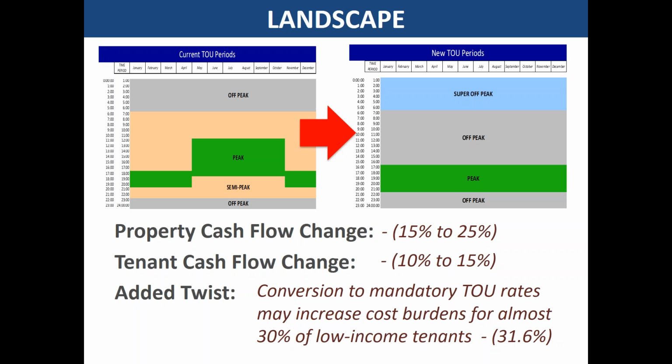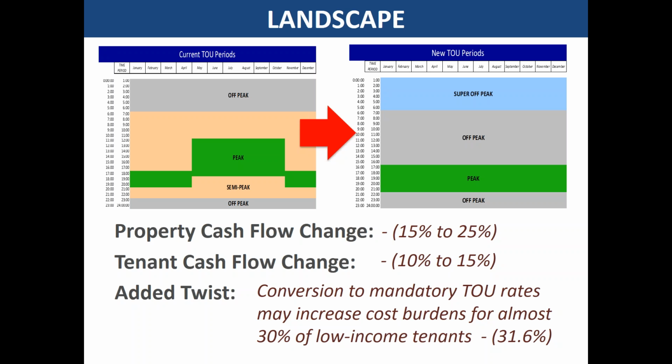And there's also an added twist here. Not only would solar decline as part of these changing TOU periods, but in California, the mandatory requirement to convert to a TOU schedule would potentially have adverse economic effects on about 30% of the low-income tenants, based upon some analysis that Southern California Edison did.